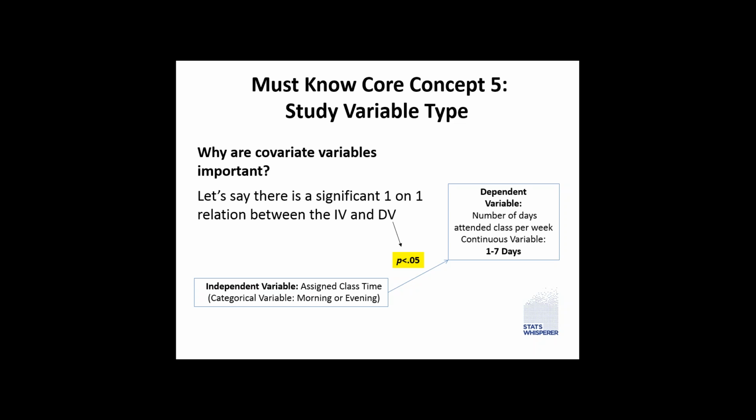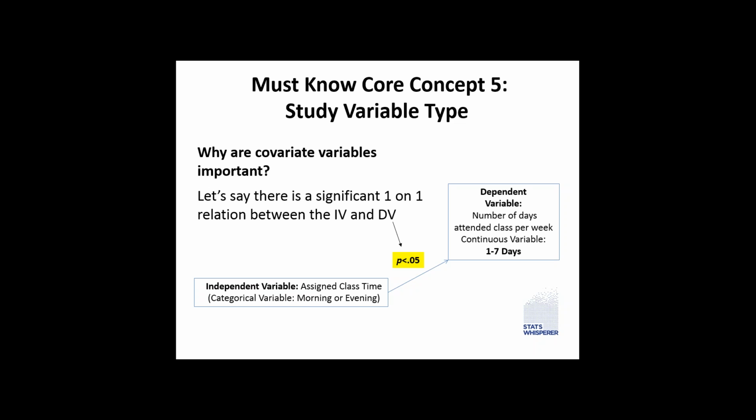It's a little notation we'll discuss later. So we find at this bivariate level a statistically significant relationship between the two variables. That's good. If we walk away now, we believe that class attendance is a function of being assigned morning or evening classes.